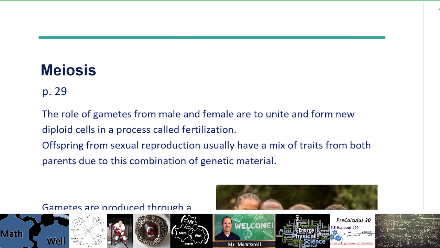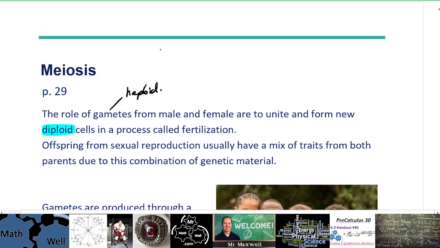The role of gametes from male and female are to unite and form new diploid cells. That's the role, that's the purpose, that's the end game. And this is a process called fertilization, okay? So gametes from a male and from a female are to unite to form the complete diploid cells. Remember, these gametes are haploid cells, right?